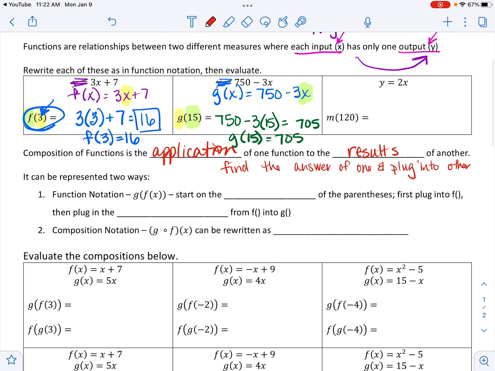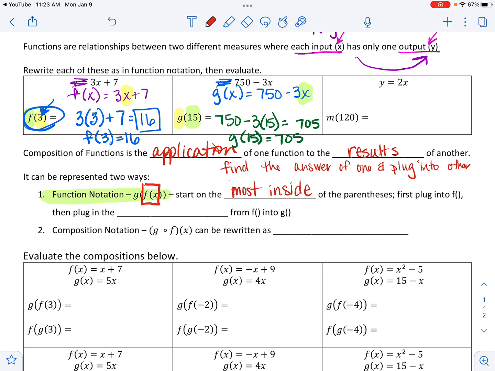It can be represented two different ways. It can be represented as function notation, where you have to plug into the inside of the parentheses first. So you're going to start on the innermost of the parentheses, or the most inside, and first plug in your value for f.